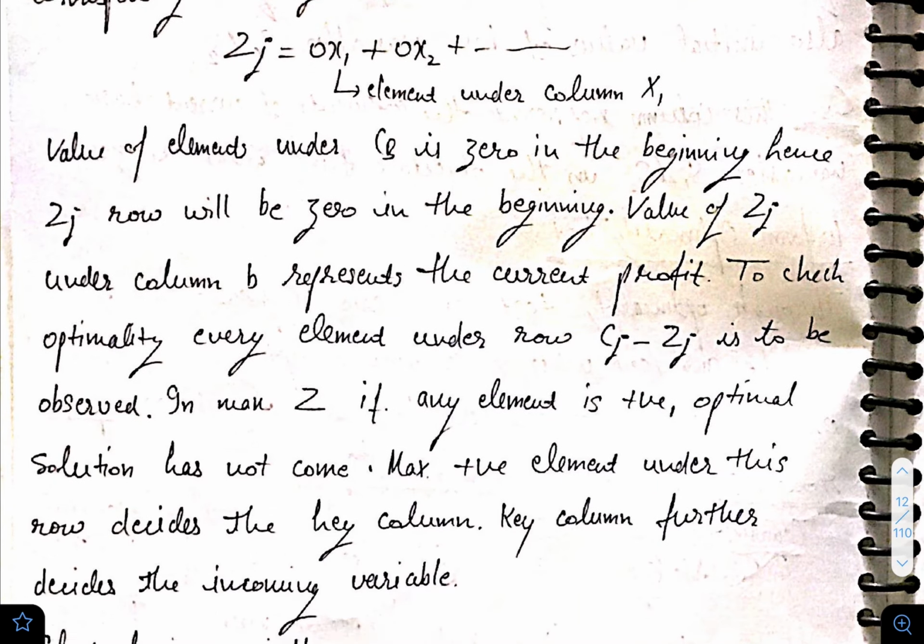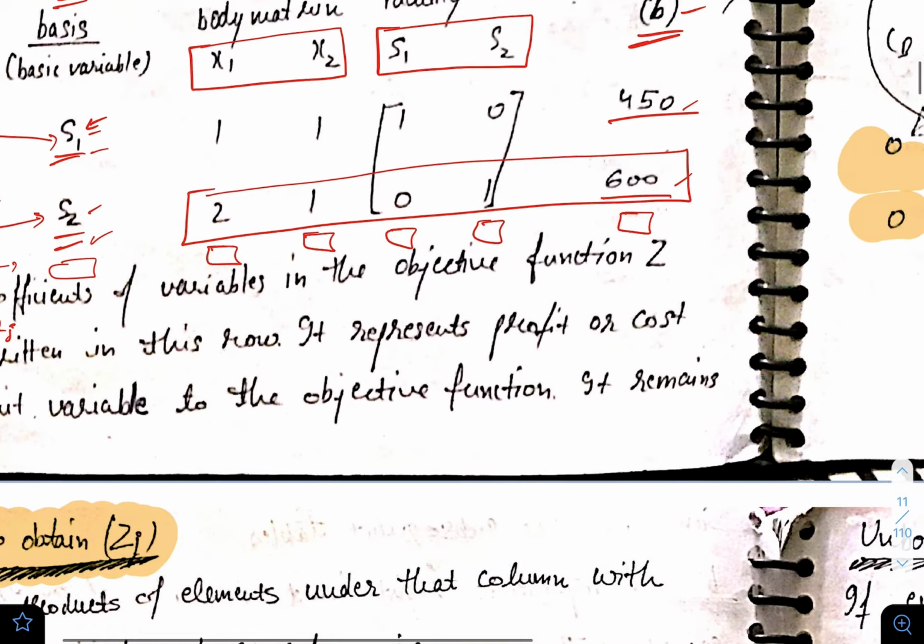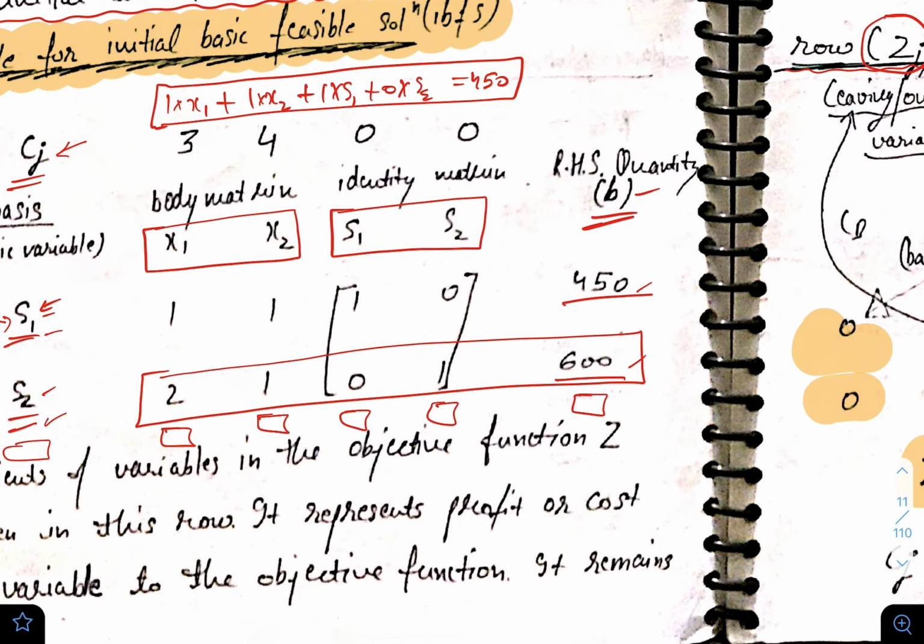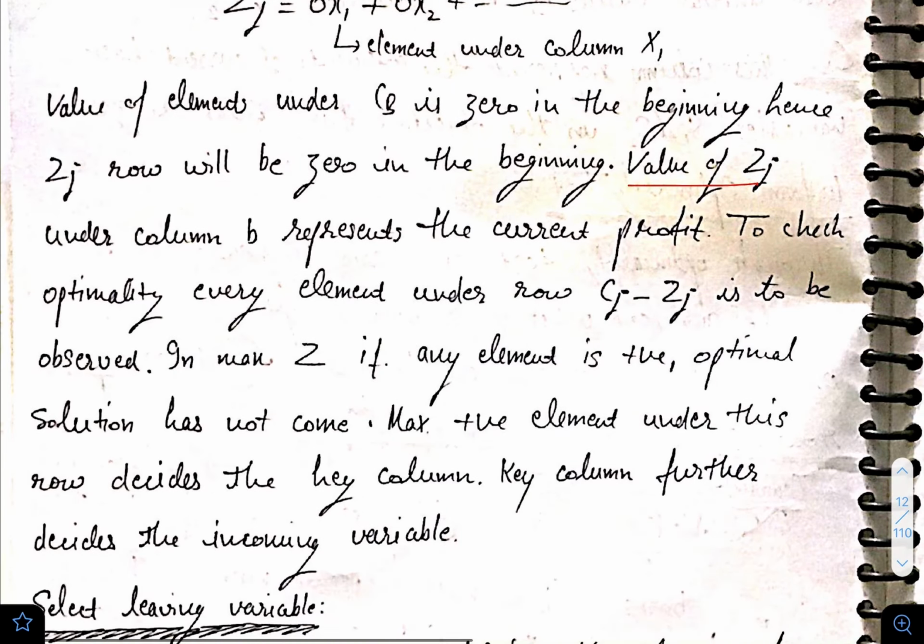So the Zj row will be zero in the beginning, and the value of Zj under column B represents the current profit. This is a very important value: the value of the Z row under B, the RHS quantity, shows me the current profit.